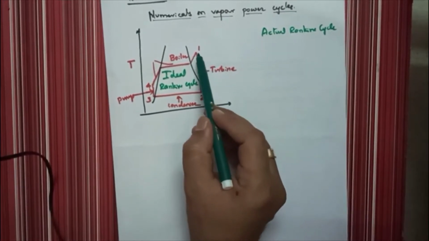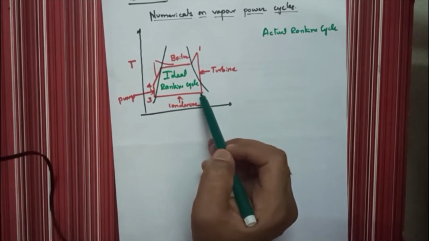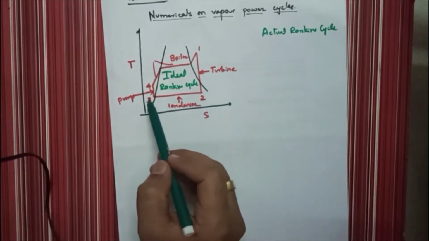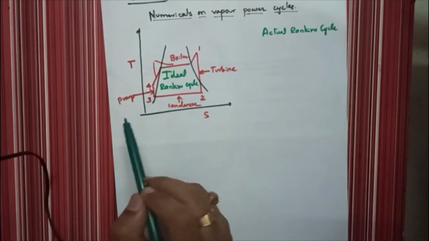Here 1 to 2 is a perfectly adiabatic process, that is reversible adiabatic expansion we have assumed. There are no losses, there is no friction we have considered. Similarly in the pump also it is an isentropic or adiabatic compression process.